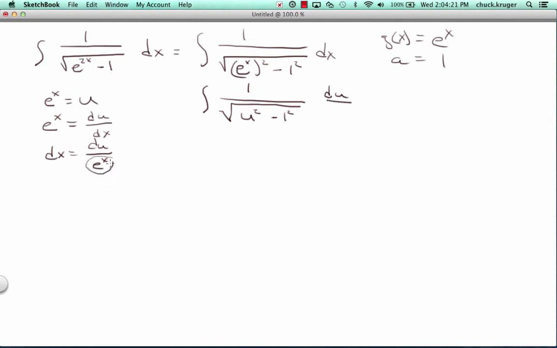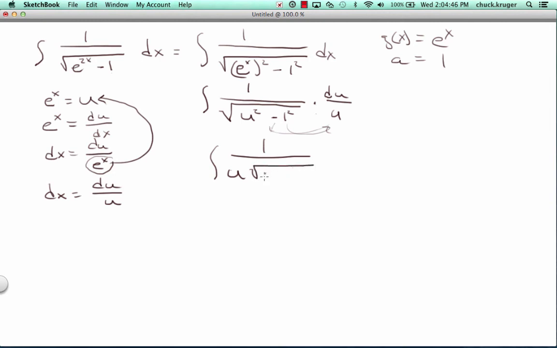Notice right here that e to the x has also been defined as u. So dx is the same as du over u when I replace e to the x with u. So I'm going to put u here. And since these can be switched around, I'm going to have 1 over u times the square root of u squared minus 1 squared du.